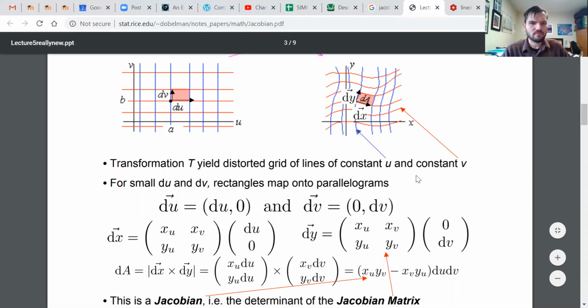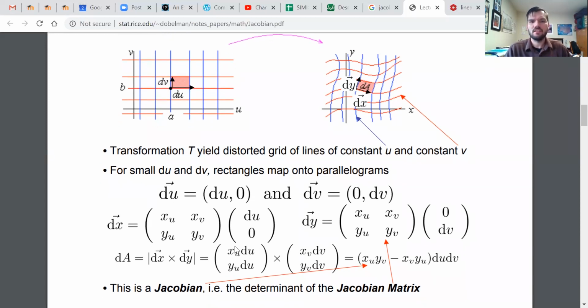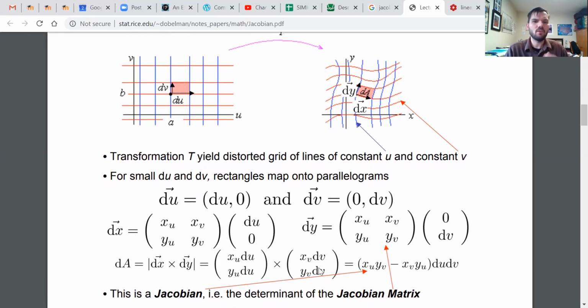And so what we're going to do is take this du change, which is going in the i hat direction, and dv as a vector going in the j hat direction, and then multiply them using the column notation into the matrix to get the 2 vectors: x sub u du and y sub u du, one vector there, and then x sub v dv and y sub v dv.